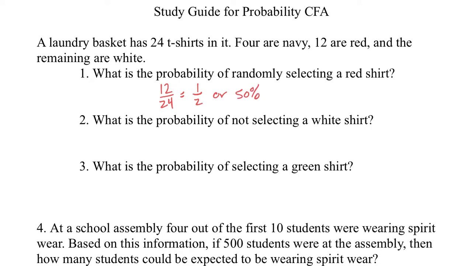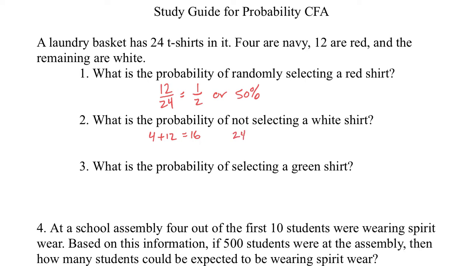Okay, what's the probability of not selecting a white shirt? Well, how many are white? If 4 are navy and 12 are red, and the remaining are white, well, that means 16 are here. There are a total of 24.